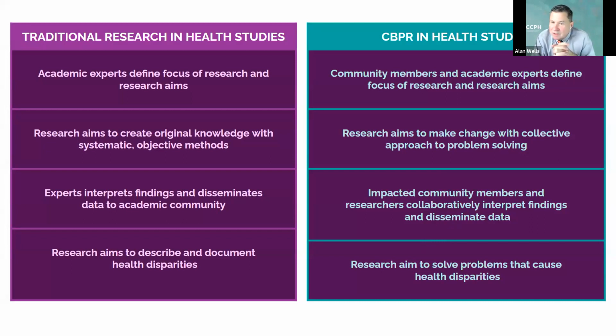In the CBPR approach, community members and academicians define the focus and aims together. Second, traditional research aims to create original knowledge with systematic objective methods. In CBPR health studies, research aims to make change with a collective approach to problem solving.